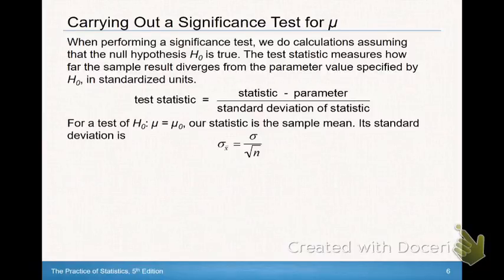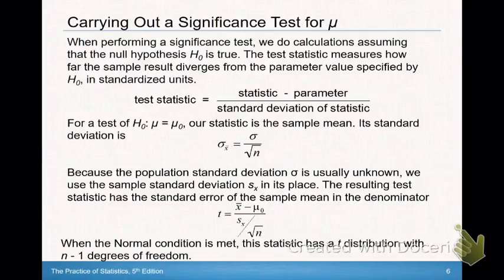For a test of the null hypothesis mu equals mu sub 0, our statistic is the sample mean. Its standard deviation is sigma of x bar, which is the population standard deviation divided by the square root of n. But because we very rarely know the population standard deviation, we have to use s of x in its place. So that means we're using the t distribution. Remember, this is where we have to do the degrees of freedom.